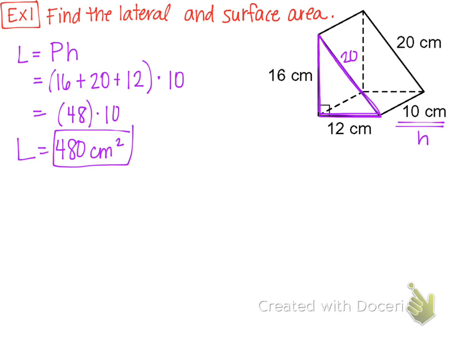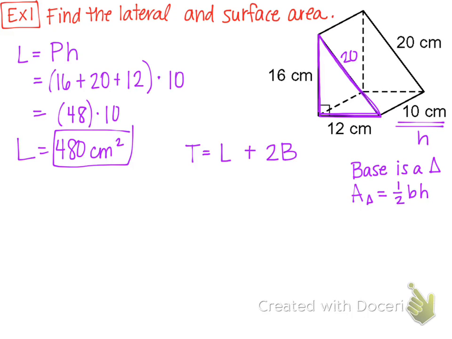So remember, we can use the lateral to find the total. The formula for total is lateral plus 2 times the area of the bases. Okay? Now, there's something you need to remember when you're doing the area of this base. First of all, we have an area of a triangle for the base. The area of a triangle is equal to 1/2 base times height.